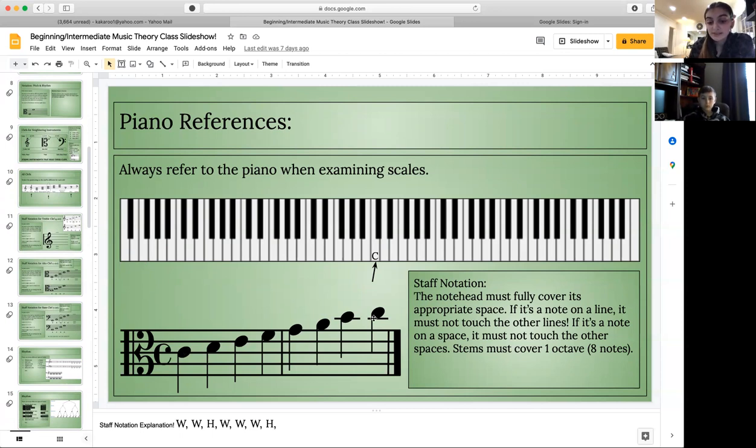So C through C, this is your C major scale. And I wrote a note here about staff notation. Whenever the note head fully covers the appropriate space, then it is appropriately placed on the staff. If it's on a line, you have to make sure, just like in this musical example, that it doesn't exceed the space to touch another line above or below.